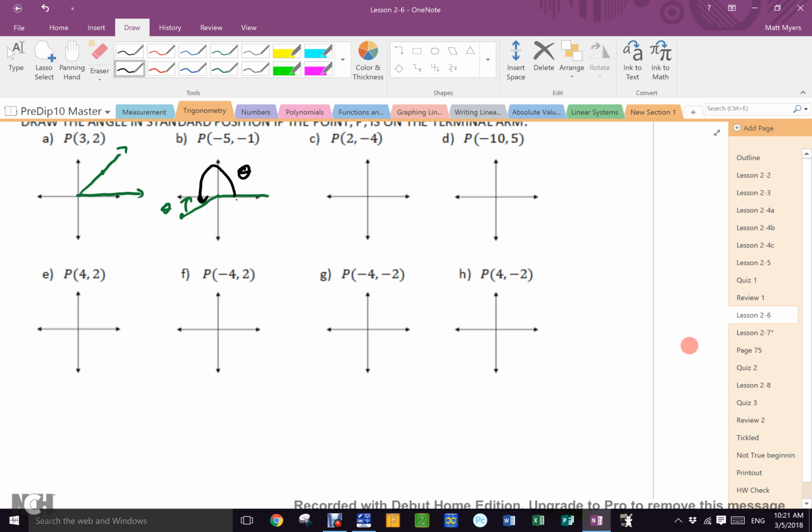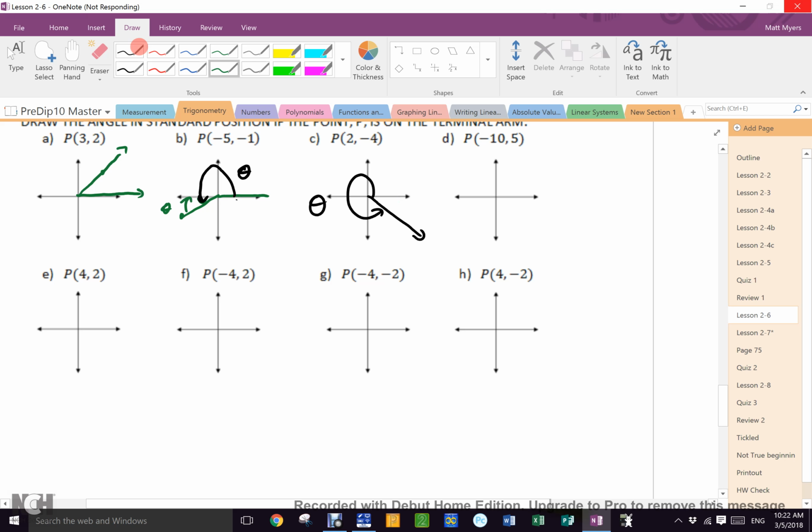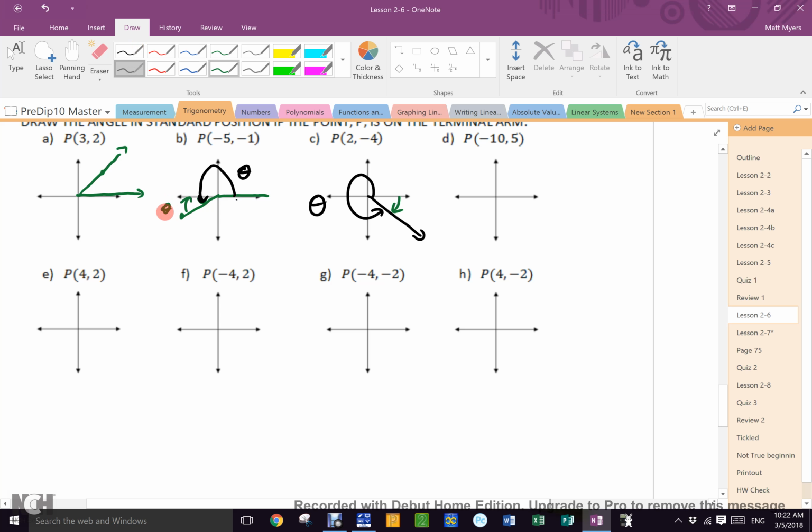Okay. There's theta. There's reference. What would you do to solve for these? What would this guy be? 180 minus.